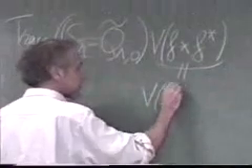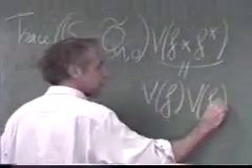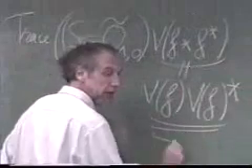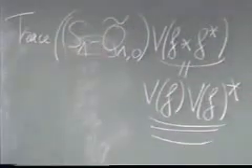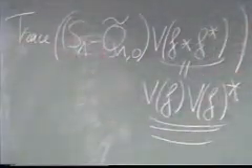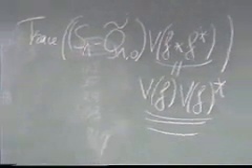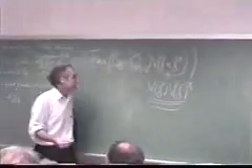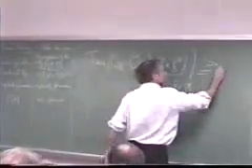You see, this is a positive operator because it's equal to V of F times V of F star. So this is a positive operator. All right? So now you know that if I take the trace of the product of two positive operators, it's a positive number. That's a very non-trivial fact of operator theory. So this number is positive.